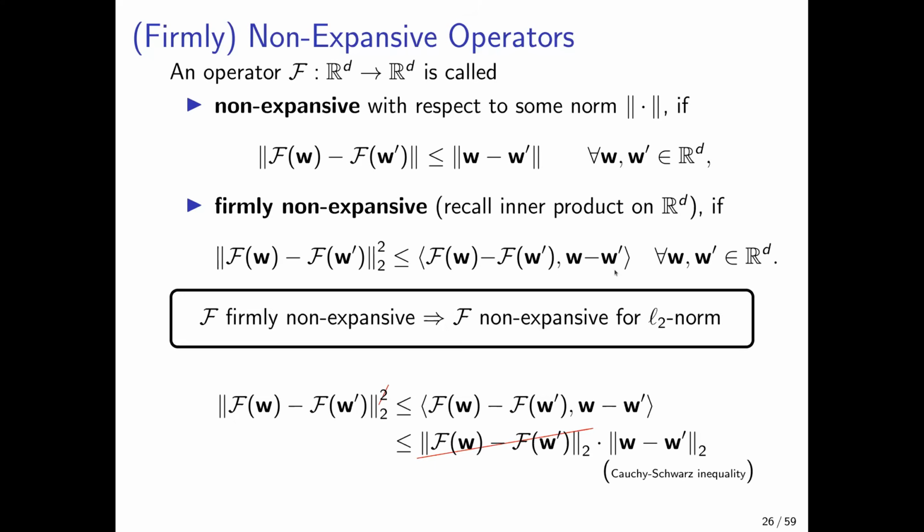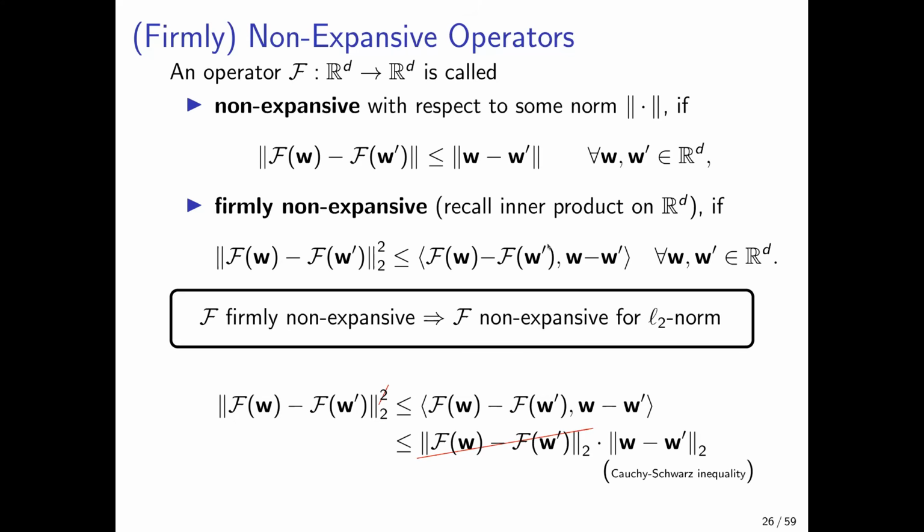But for a firmly non-expansive operator, this in a way means that the angle between these two vectors cannot become too large. We know that this angle must be small enough for it to stay non-negative, so it cannot become larger than 90 degrees.